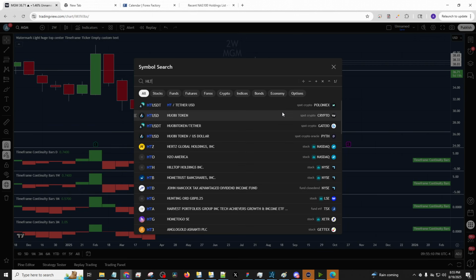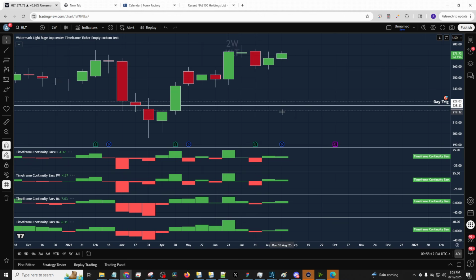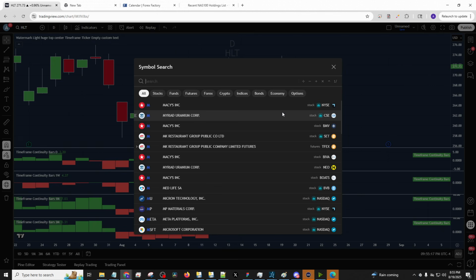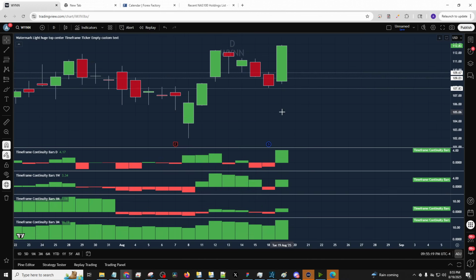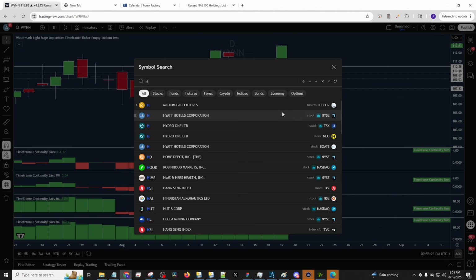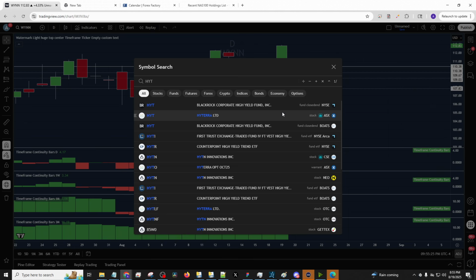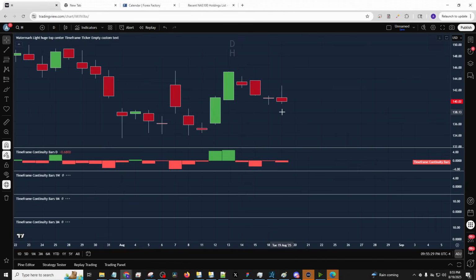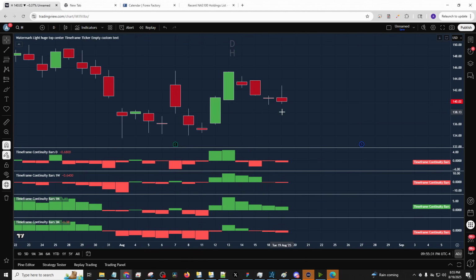You can also be looking at the HLT, which is your Hilton. And you'll see it also was a little bit more firm today. Wynn definitely took the cake. Like H, the Hyatt hotels, which not too much today.